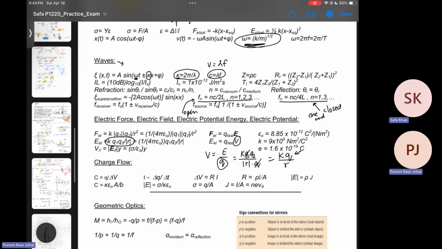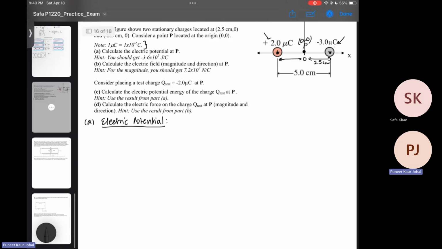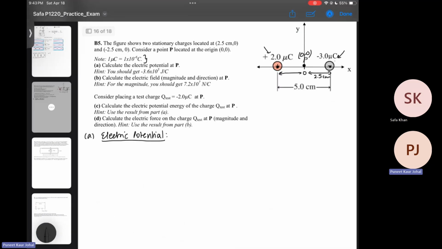So we're going to use the electric potential formula, but there are two different charges, so we need to combine both of them. Electric potential, the formula was KQ over R. That's the generic formula, but we have two charges, so we can do KQ1 over R1, and then you just do the math.